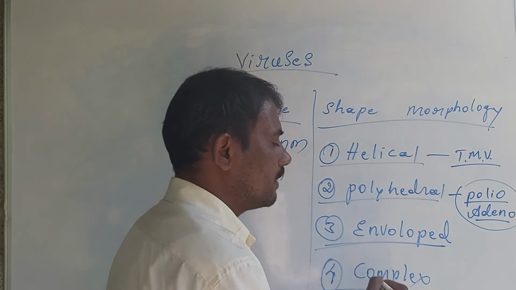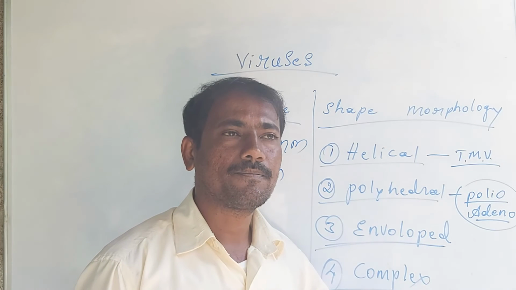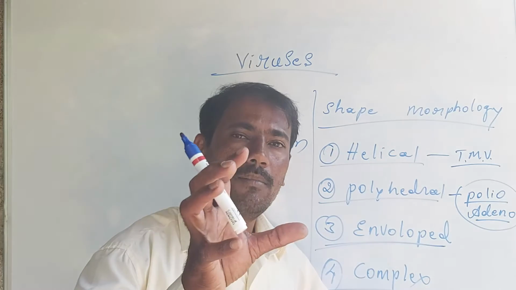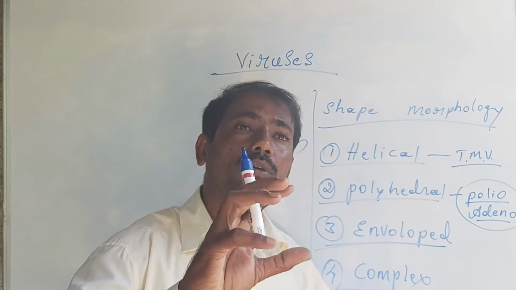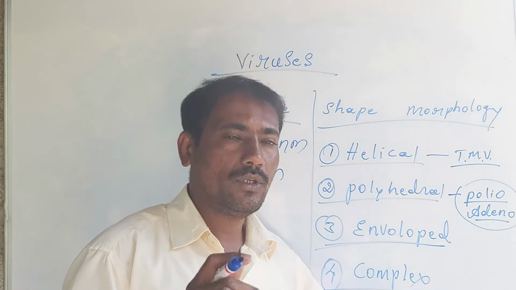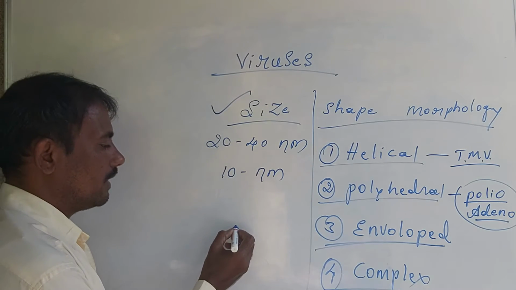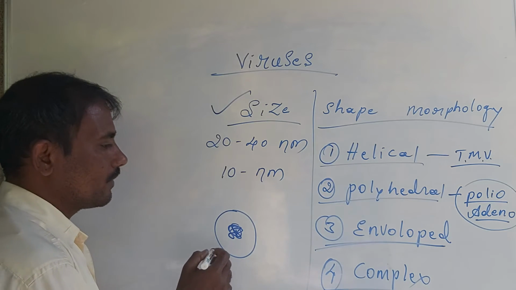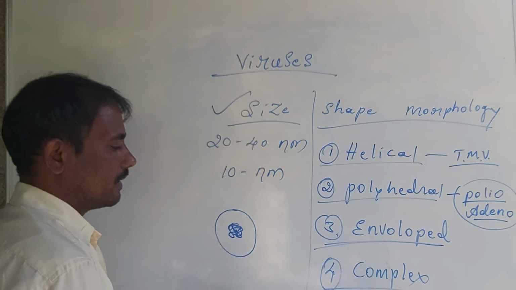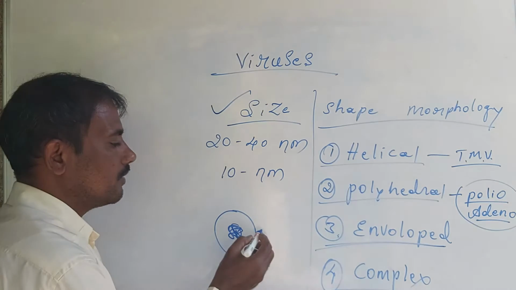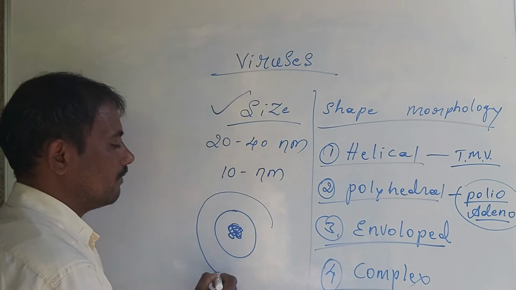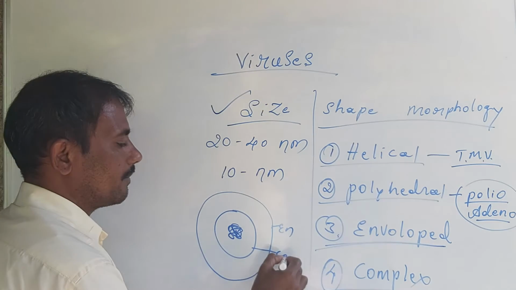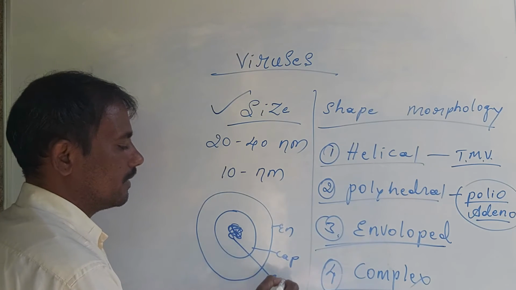Then there are certain virus particles that exhibit an envelope outer to the capsid. We know that every virus particle contains genetic material which is covered and protected by the capsid. So in enveloped virus particles, we observe the presence of yet another envelope outside the capsid and the genetic material.